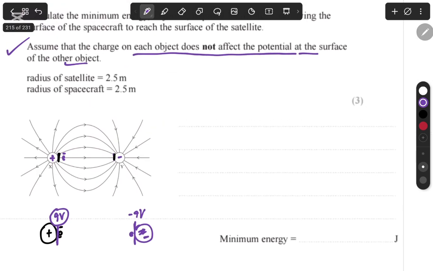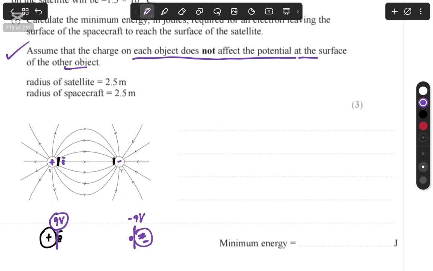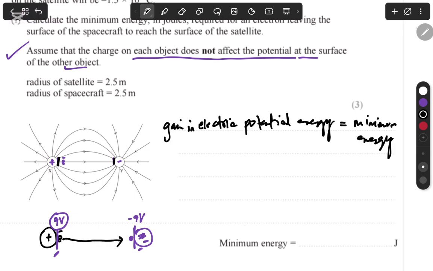Now, we have to find the minimum energy required for the electron leaving the surface. So we need to find the energy that the electron needs to have to go from this point here to this point here. As the electron moves from here to here, it's going to gain electric potential energy. So the gain in electric potential energy is equal to the minimum energy.